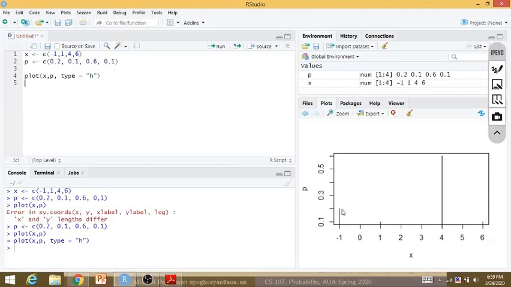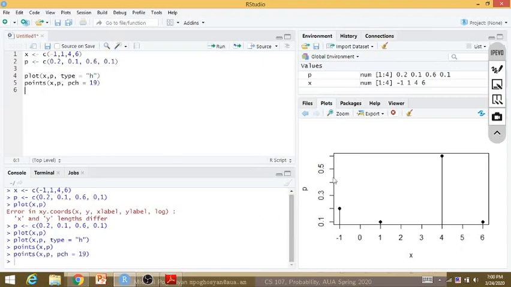And now I do not have the points, so I can add those points at the positions x, p. I'm running, and I have the points. I can change the point type, pch equal to, say, 19. You can change this number and see what happens. So we have this kind of graph for our PMF.